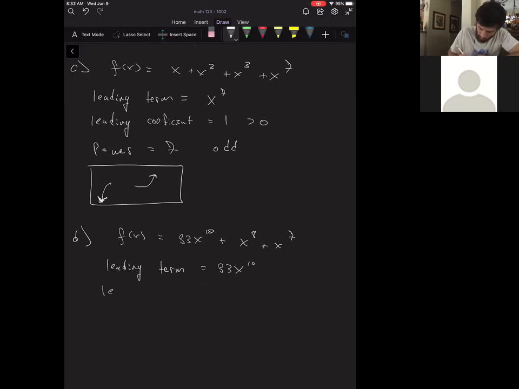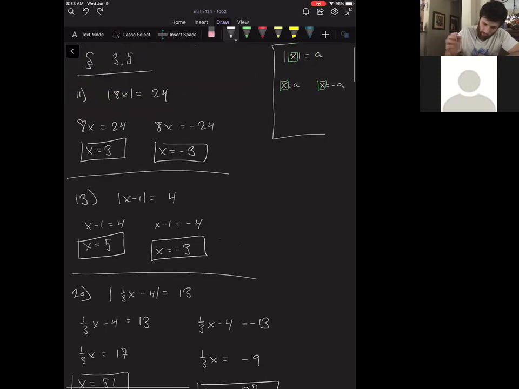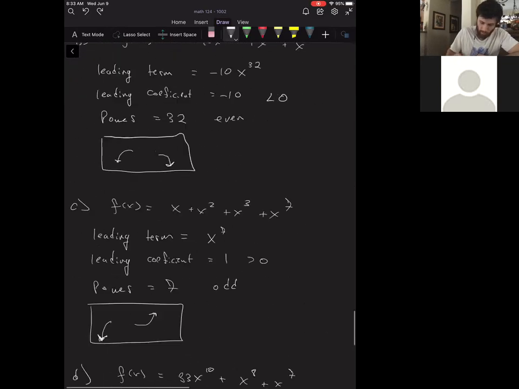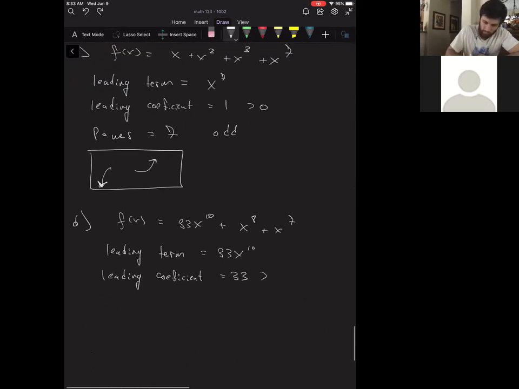Our leading coefficient is 33, which is positive, and the power of 10 is even.